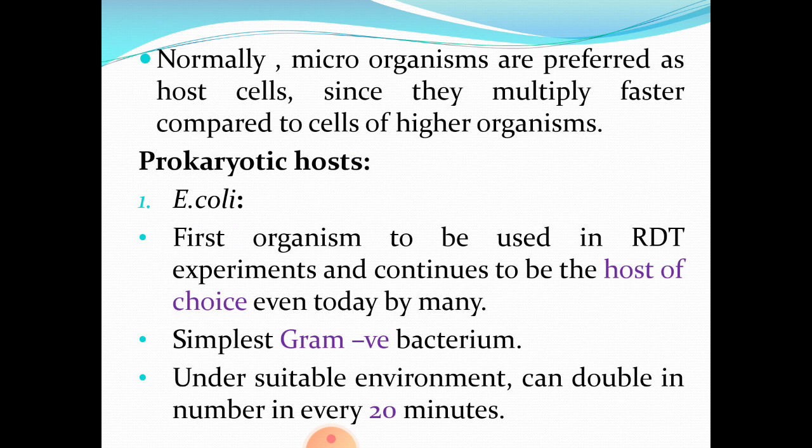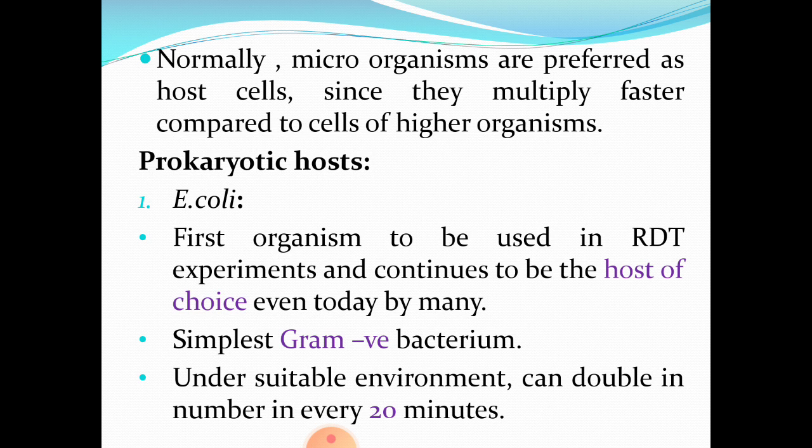Coming to the biology of E. coli, basically it is the simplest gram-negative bacterium. By now, in your practical classes, you must have conducted experiments to identify a bacterial cell, whether it is gram-positive or gram-negative, right?